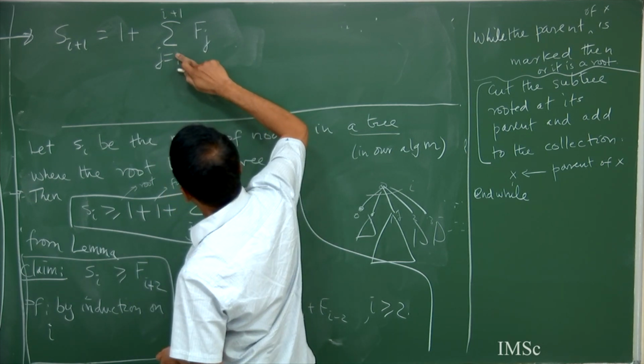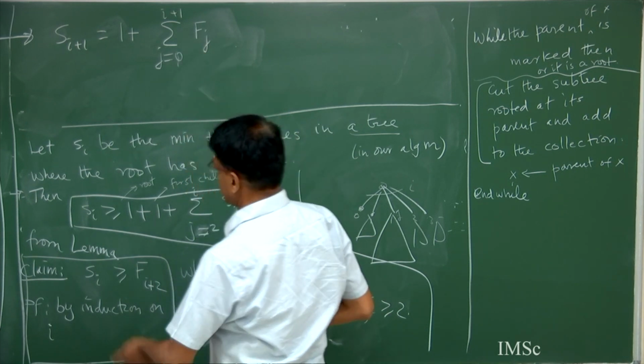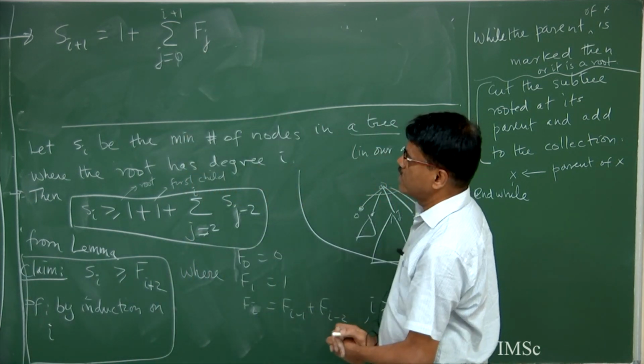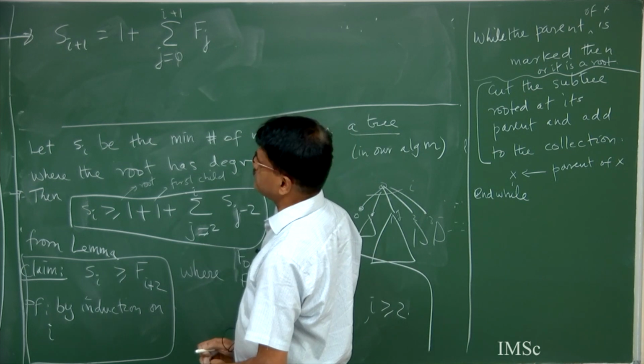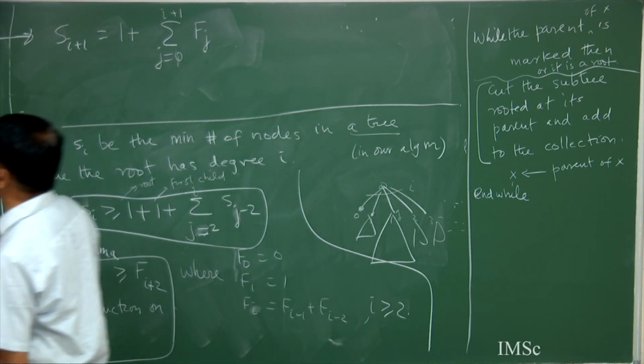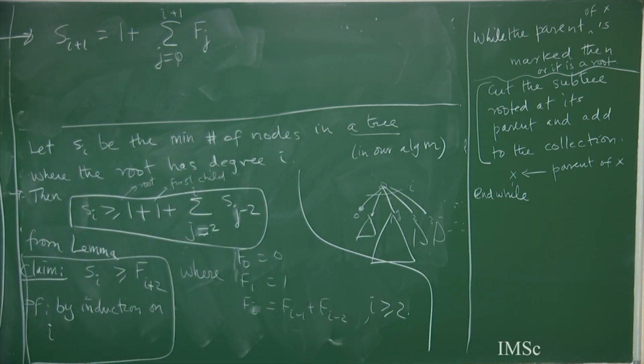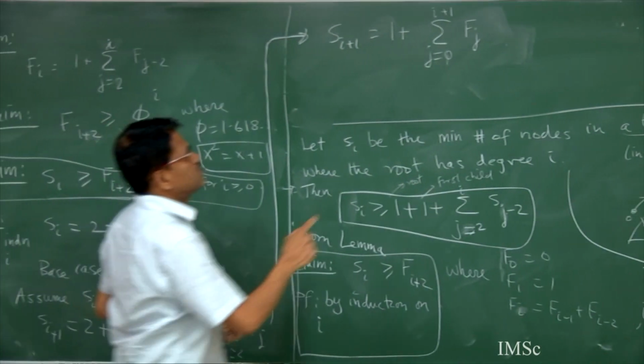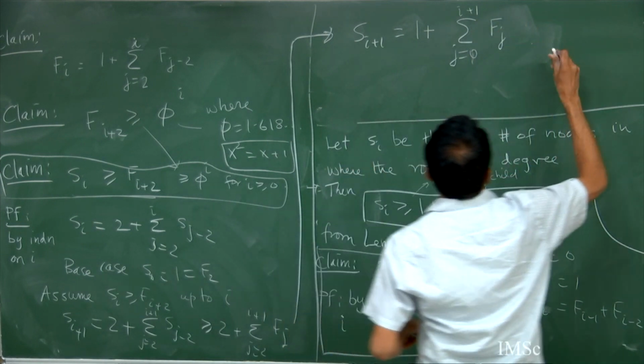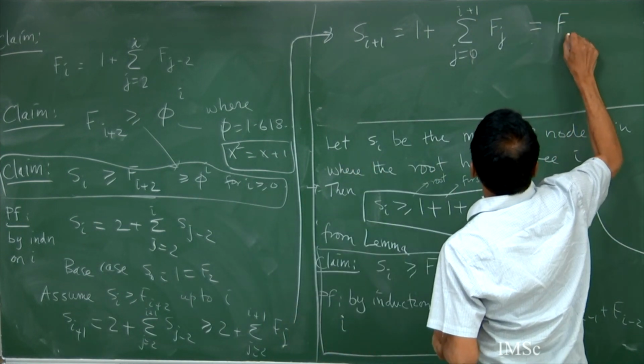Actually, I can go up from 0 because F0 is 0 anyway because of my convention. So this goes from F0 up to F(i minus 2) to get i. So this is 0 to i plus 1, so I should get F(i plus 3).